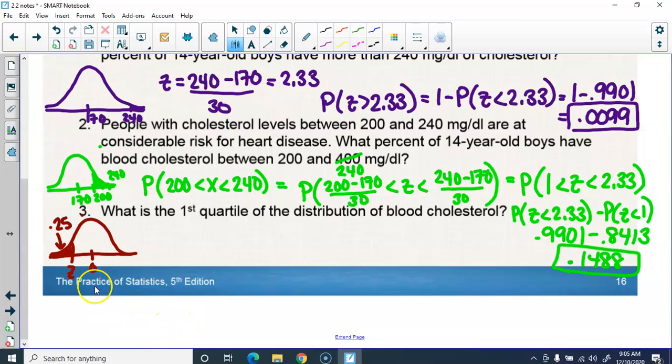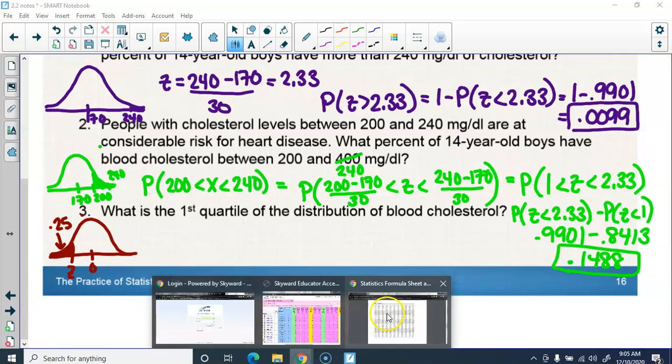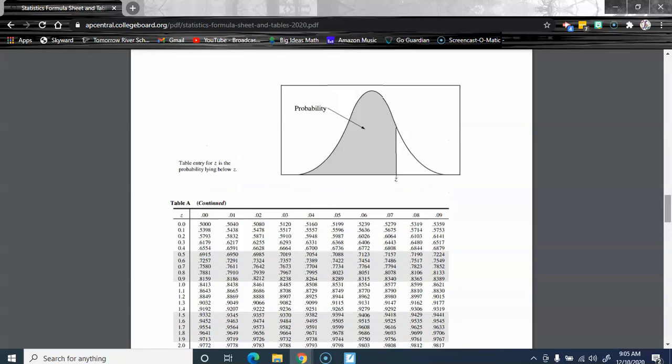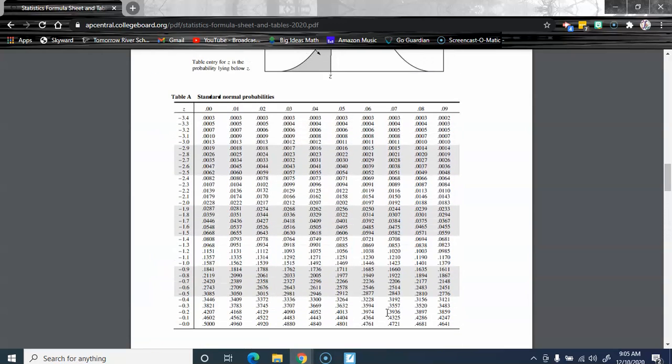So I need to look in the z table, find inside the areas and work outside to figure out what z value corresponds to 25% being to the left. Looking through here for the closest one, it looks like it's right here, which is negative 0.67.